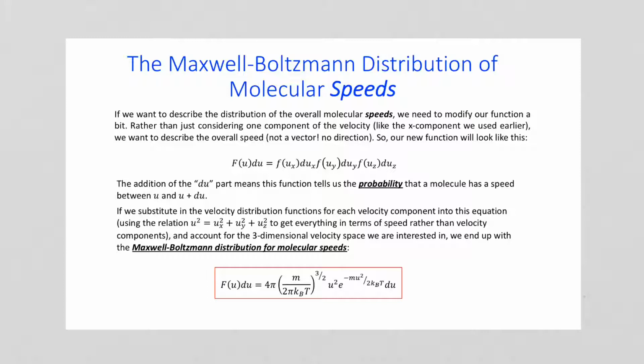So if you're interested in the details of that derivation, just check out McQuarrie and Simon. But we end up with this lovely expression for our Maxwell-Boltzmann distribution of molecular speeds. It looks very similar to what we had previously for the velocities. There are a couple of differences that I'll point out in a second.